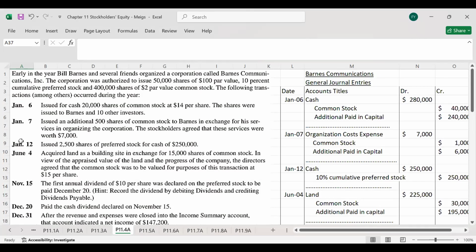So this is the problem. In this problem, we have discussed the journal entries that are related with the recording of common stock and preferred stock, as well as how to record journal entries if stocks are issued against cash or against any other asset or expense. Then we prepare stockholder equity section by calculating retained earning.